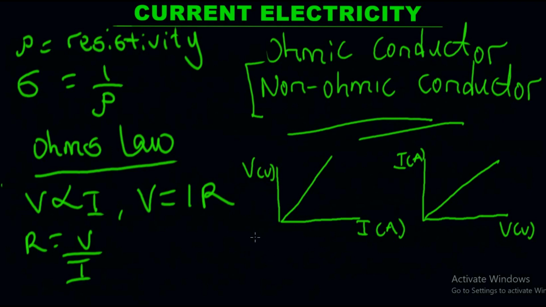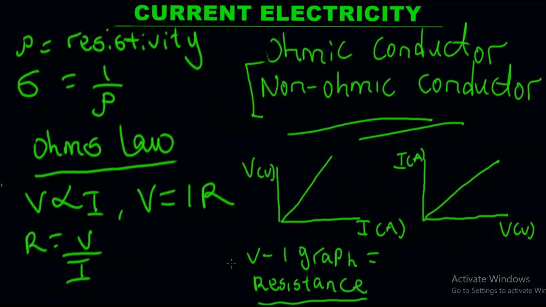The slope of the first one, which is called the VI graph, is equal to the resistance, which is our R. That's the slope of this first graph. Take note of it, it's very important.